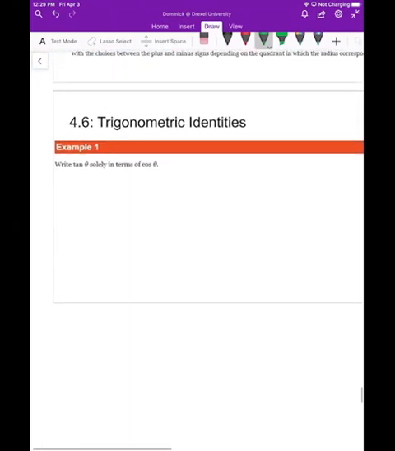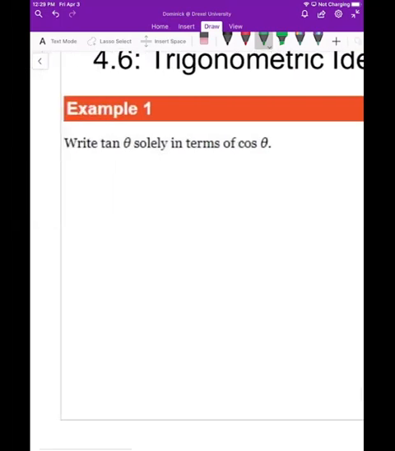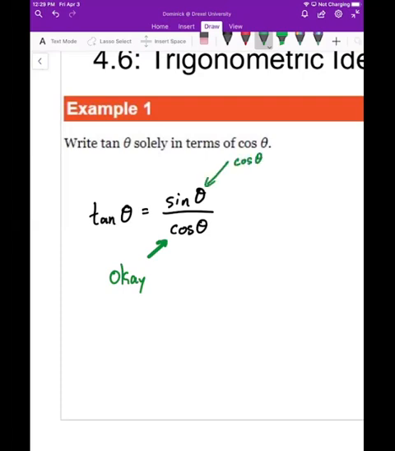Okay, so in this first example, we're going to write tangent solely in terms of cosine. Now, we know that tangent is sine over cosine. This cosine in the bottom is okay because we only want our expression to contain cosines, but the sine we want to change to cosines. I know that sine squared plus cosine squared is equal to 1.